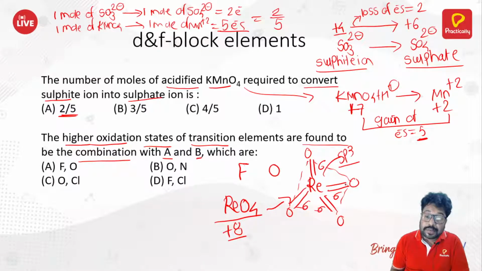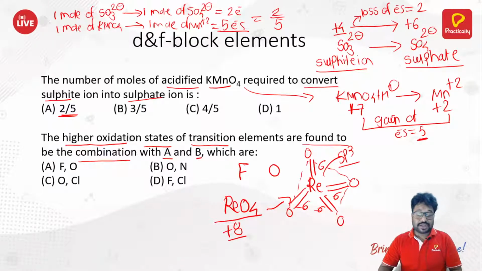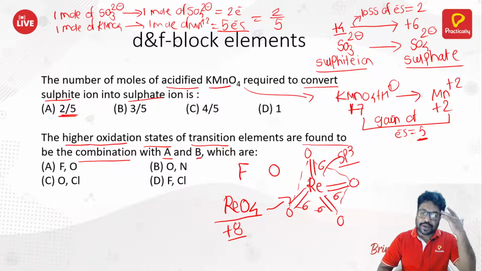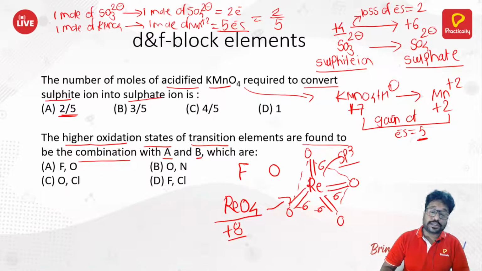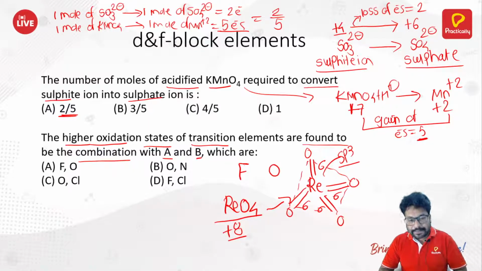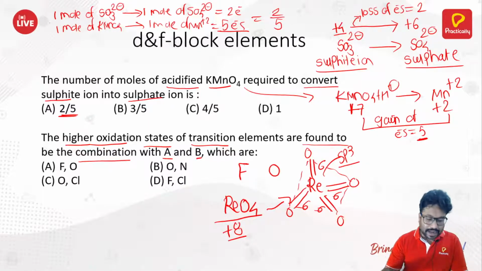Others are pi bonds, the p pi d pi bonds, but that is not our concern here. I just need to mention that this is how it can show the highest oxidation state. Okay, moving ahead with this.